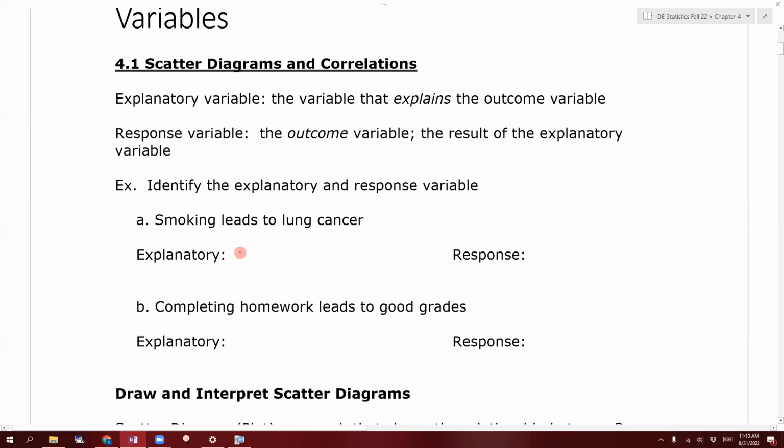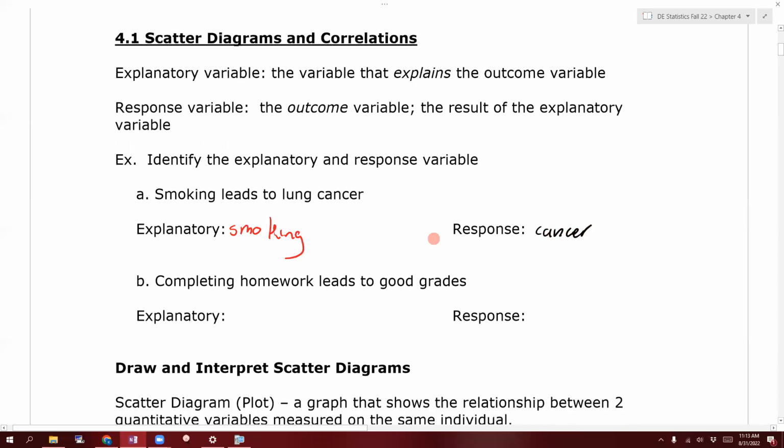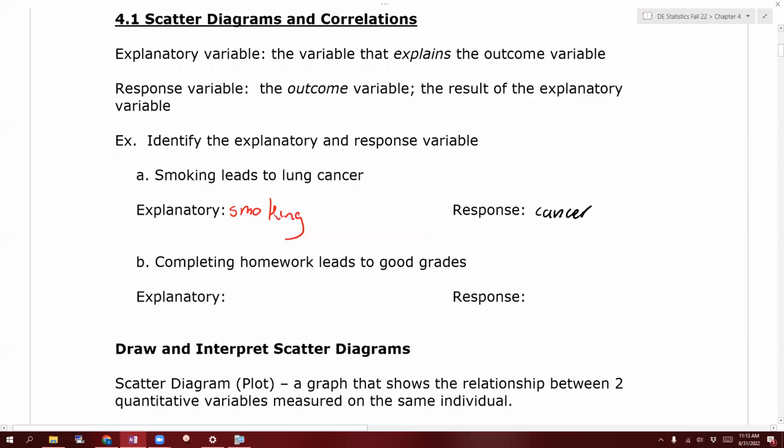Our explanatory variable in this case was smoking, and our response variable was the lung cancer. And then below, completing homework leads to good grades. Our homework was the explanatory, and our grades were the response variable. So theoretically, the more homework you did, the better your grades would be.